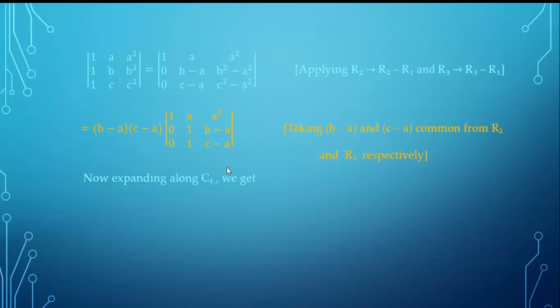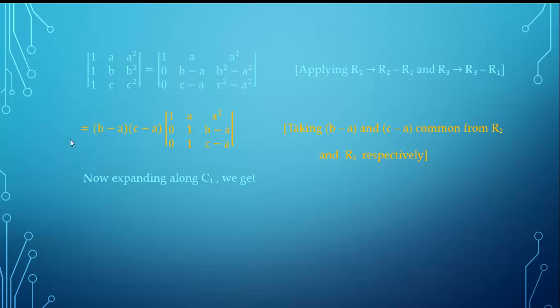Next, what we do here is expand this determinant along C1, because in C1 two elements are already 0, so we only have to expand one element. So it is easy to expand this determinant by C1.